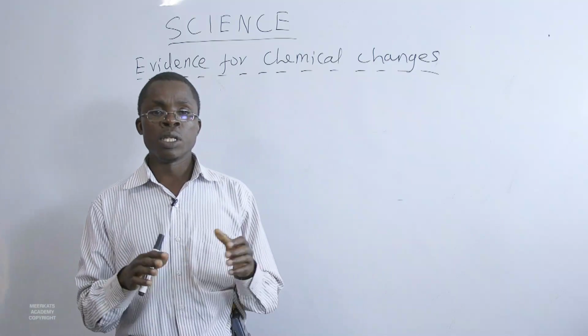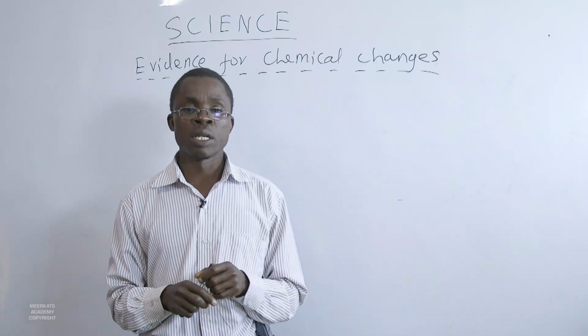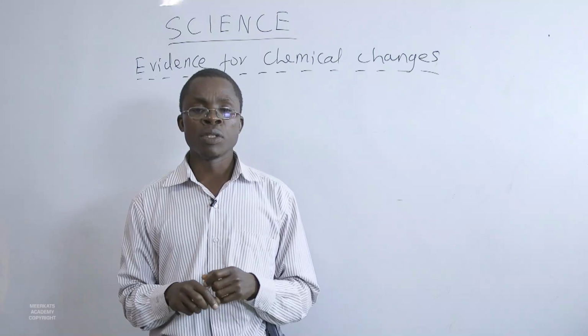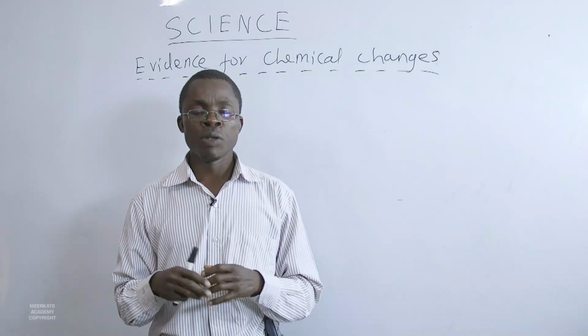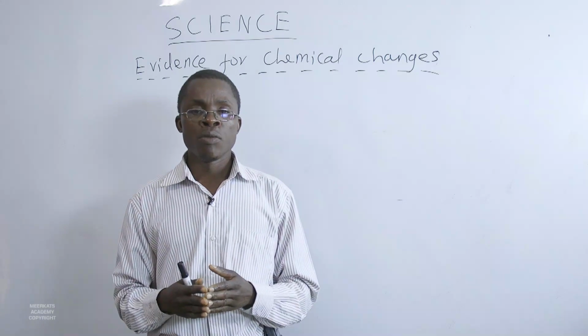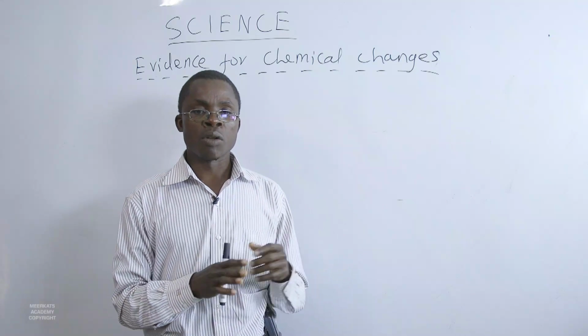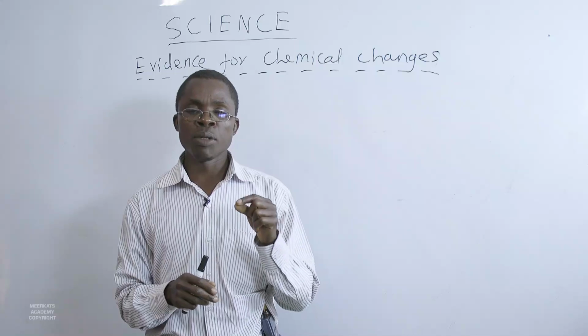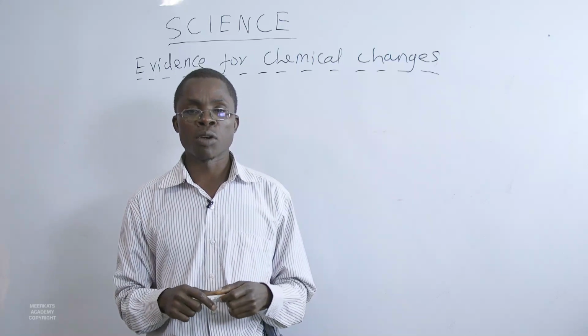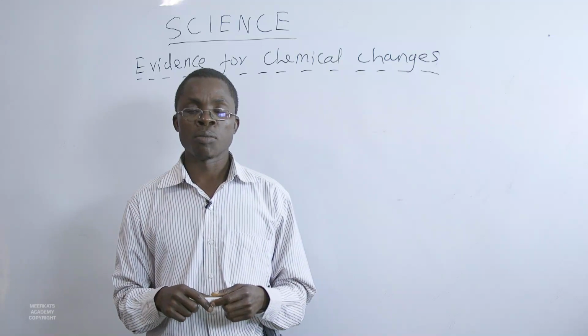So this gives us a basis that we can easily use physical appearance, physical processes, and physical changes of materials to show you that a chemical change has taken place.